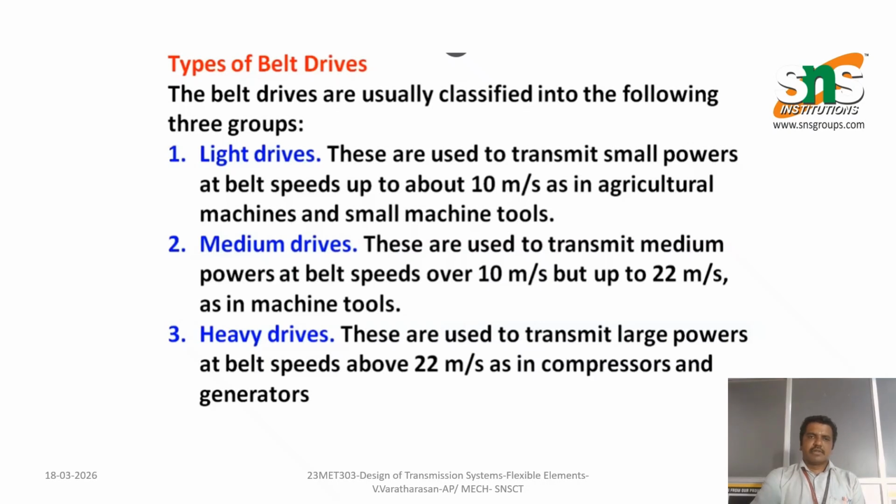Medium drives transmit power at belt speeds over 10 meter per second and up to 22 meter per second, as in machine tools. Heavy drives transmit larger power at belt speeds above 22 meter per second, as in compressors and generators. So based upon the application we can classify the types of belt.